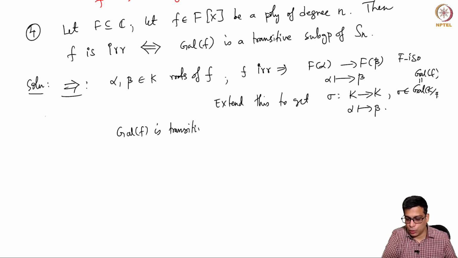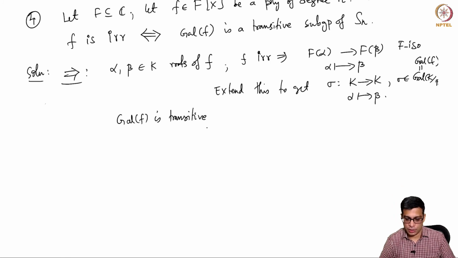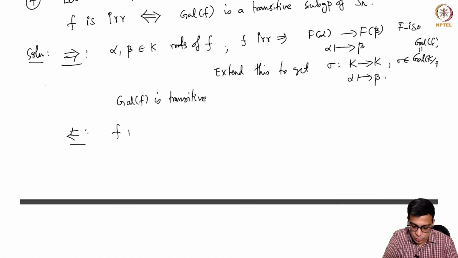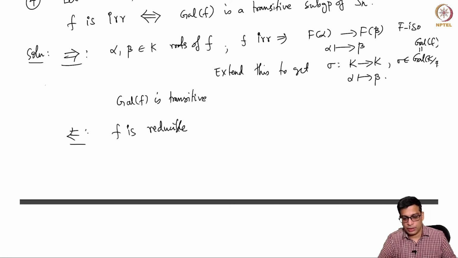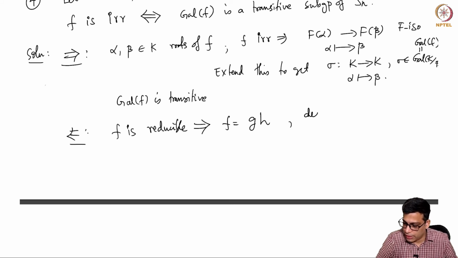So for any two roots, there is a Galois group element which sends one to the other. So it is transitive. Suppose f is not irreducible, or in other words f is reducible, then f can be written as G times H, where degree G is positive and degree H is positive.